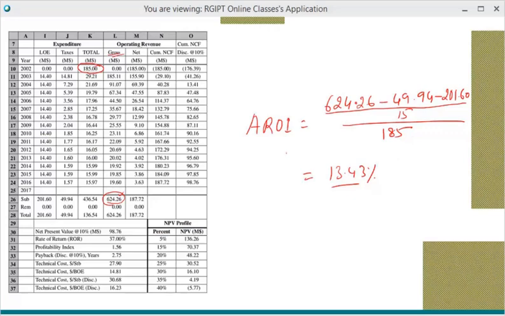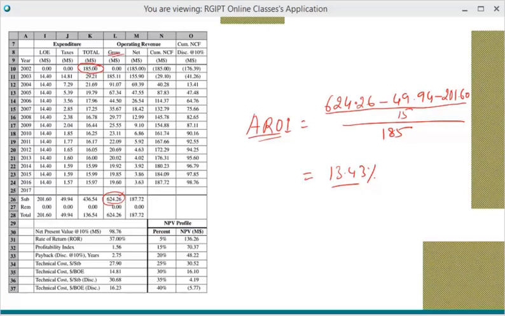Now, look at this. This gives you a kind of broad picture, but average return on investment does not take into account the time value of money. It's simply, as you can see, the gross operating revenue and taxes and operational expenditure, and then your investment.